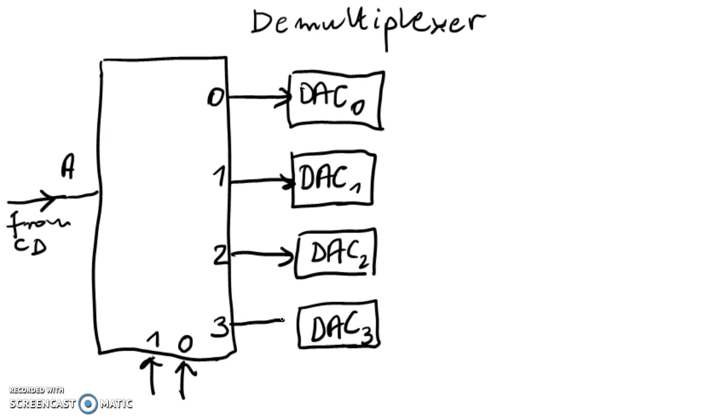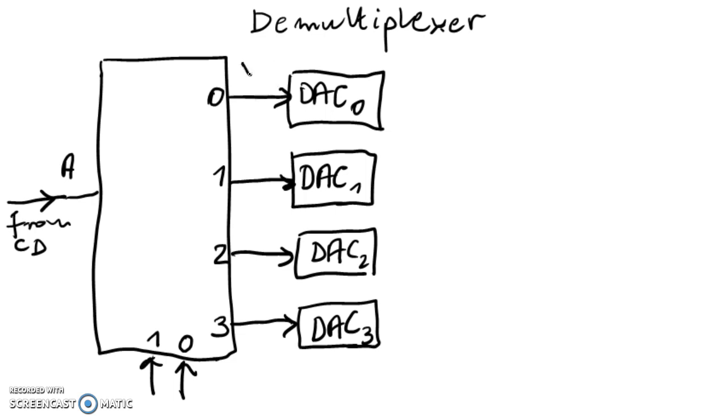Okay, and that's it. You simply put the binary combination which corresponds to the index of the output to select it, to be connected to the signal A: 0, 1, 2, or 3, depending on these select lines.